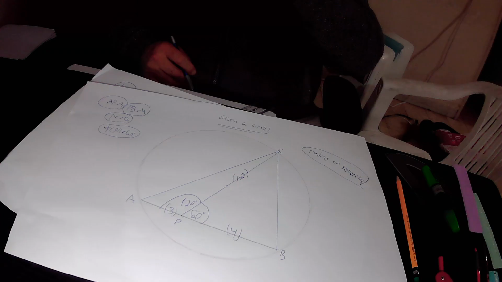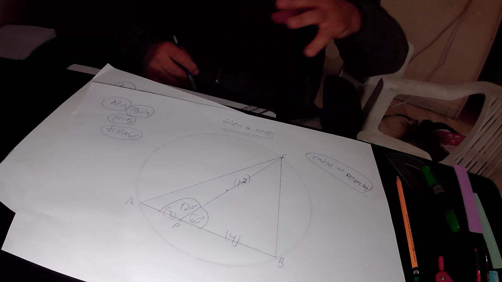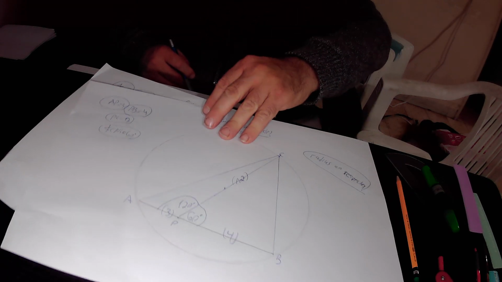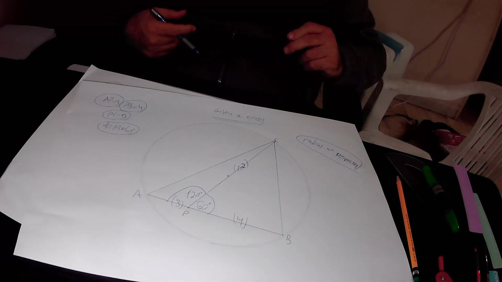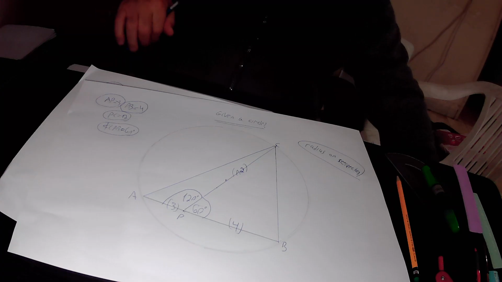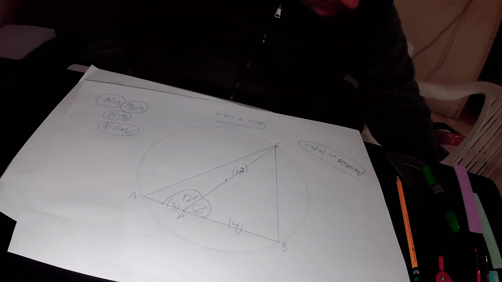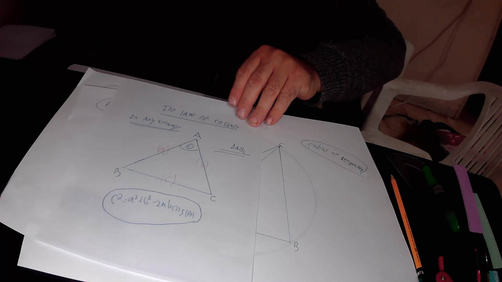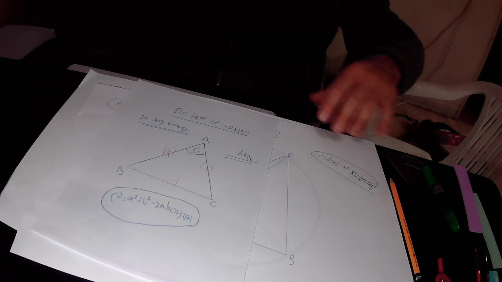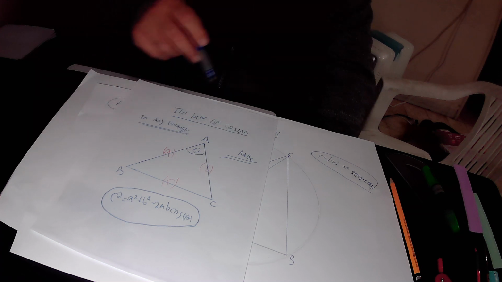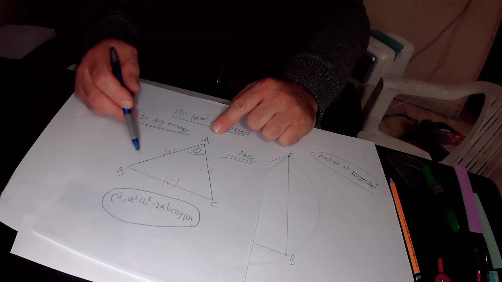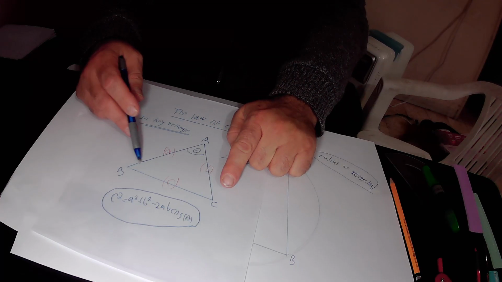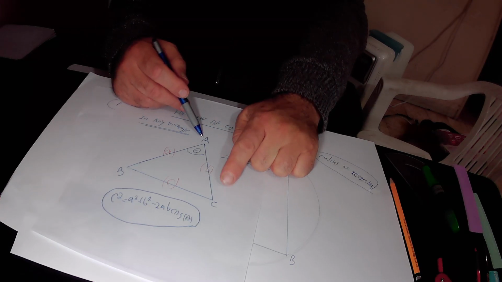we implement the law of cosines on these triangles. So a bit quickly on the law of cosines. The law of cosines is true in any triangle. This is triangle ABC that could be any triangle. Side AB equals A units in its length, side BC equals C units in its length, side AC equals B units in its length.